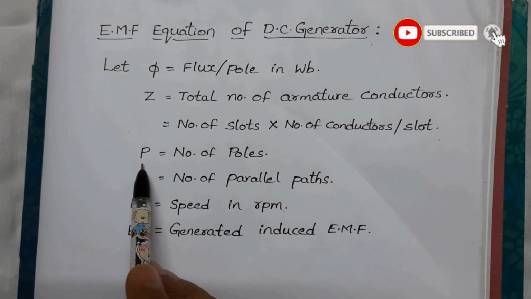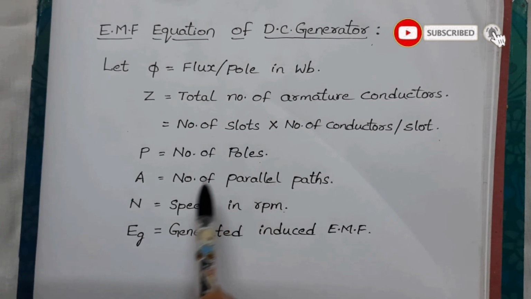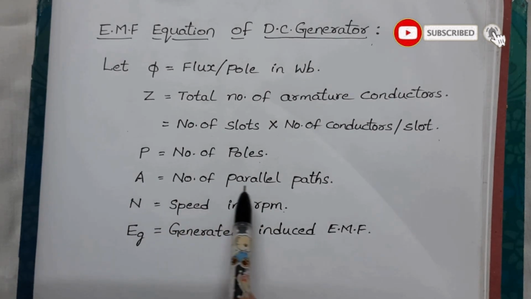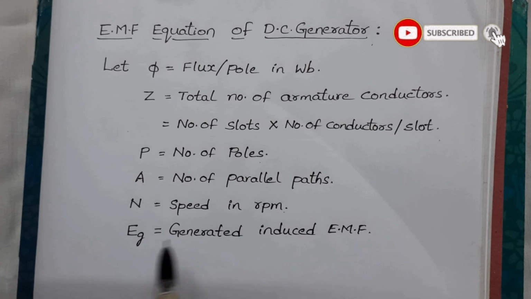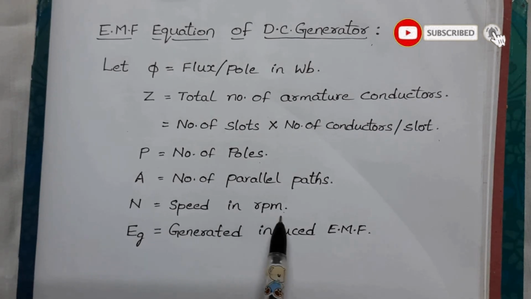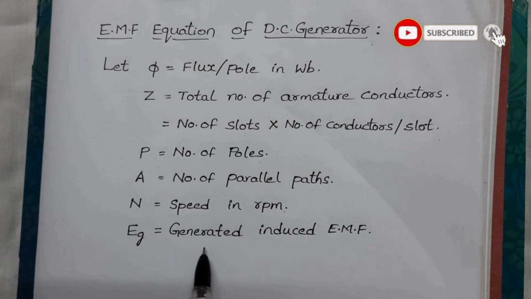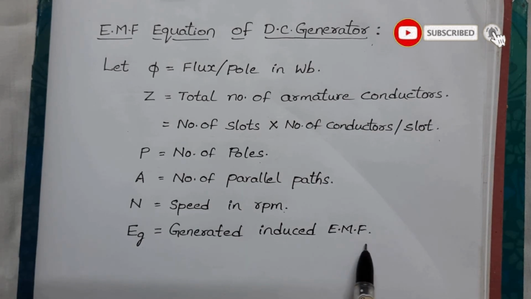P equal to number of poles, A equal to number of parallel paths, and N equal to speed in RPM, revolutions per minute. And EG equal to generated induced EMF.